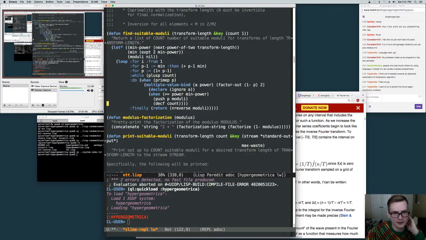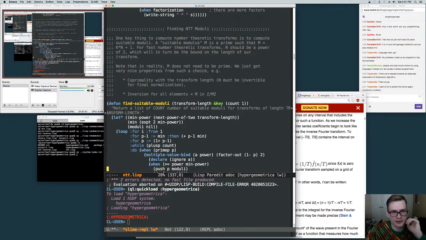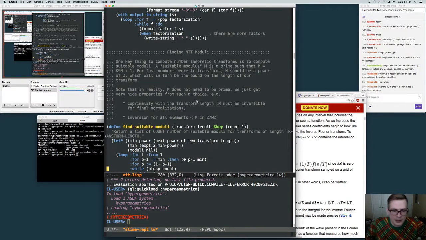I wrote these functions to compute a modulus which is suitable. There are actually some other things that are needed for the modulus. Like I said, we need inversion, and if we're computing a Fourier transform of length 1,000,000, we actually need the modulus to be co-prime with that, because in the end we need to do a division.